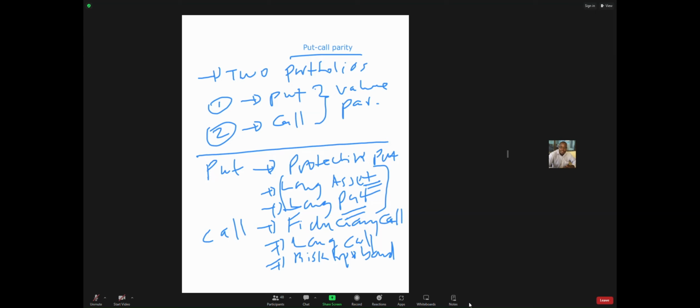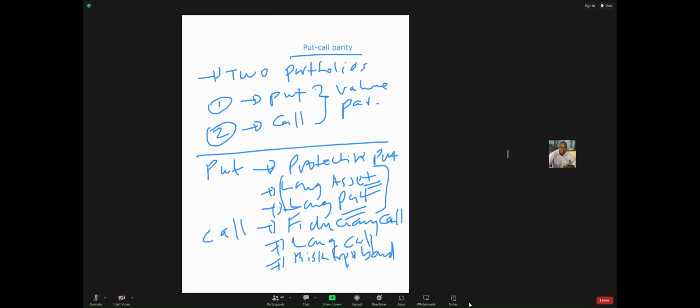Exercise price for a call is the highest price you can pay. So if you have money equal to the highest price you can pay, then you are sorted. So the money meant to purchase the underlying is held in a trust in a risk-free bond.